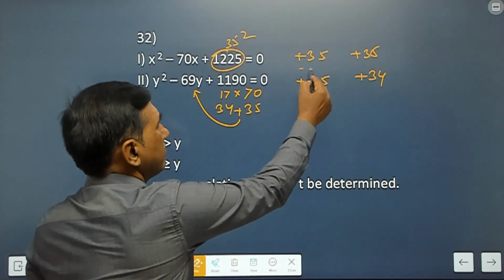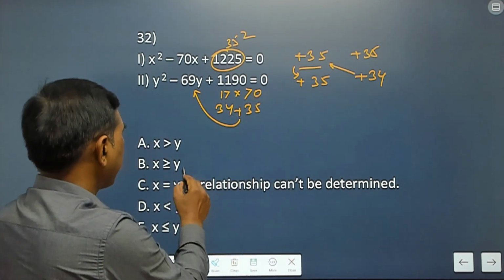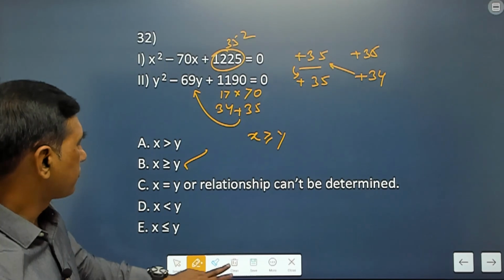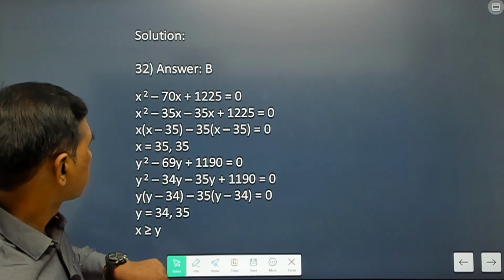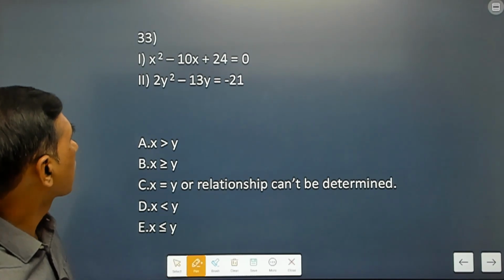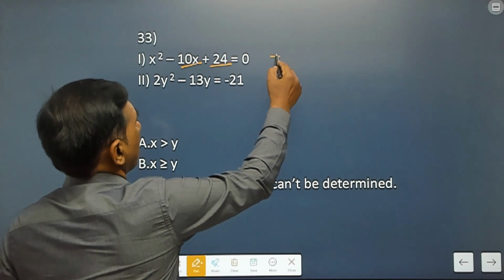So x is greater than or equal to y. Okay, x is greater than or equal to y. This is giving you 6 and 4 plus.